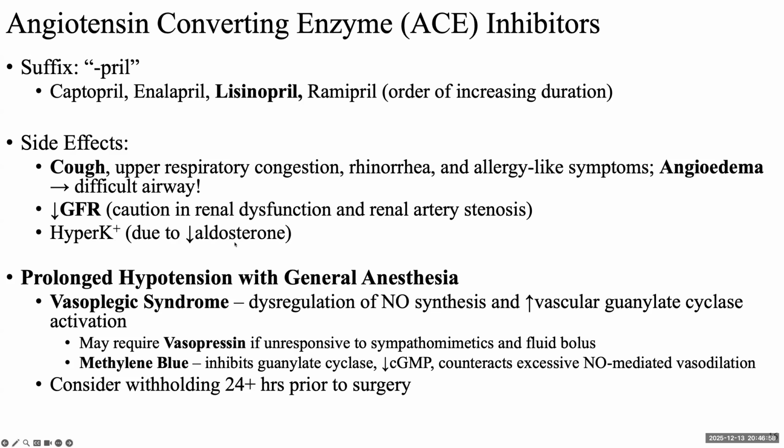Now, obviously, you're already familiar with this issue, but ACE inhibitors are associated with prolonged hypotension, especially when you combine it with general anesthesia. So the term they coined for this is vasoplegic syndrome, and this is essentially a dysregulation of our nitric oxide synthesis as well as an increase in our vascular guanylate cyclase activation.